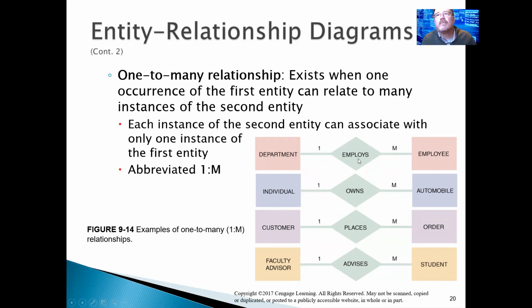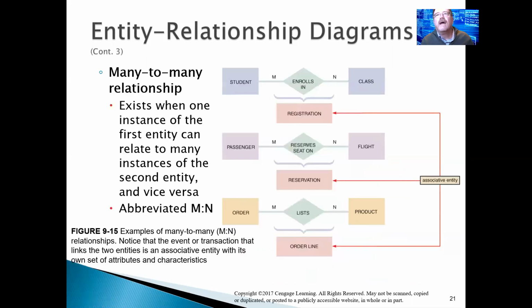Many employees are employed by one department. Please understand, I'm not just doing this because I like hearing myself speak. Relationships are bi-directional, so they go from the left to the right and the right to the left. And you should be able to talk in English about each of these relationships. Okay, so this is a one-to-many. And then what's quite common is a many-to-many. So many students enroll in many classes.